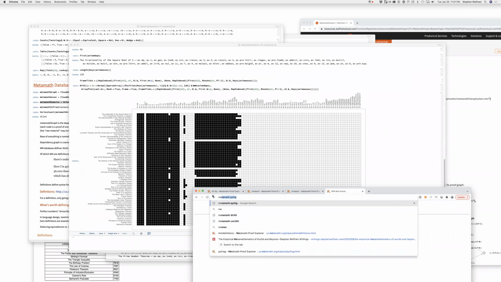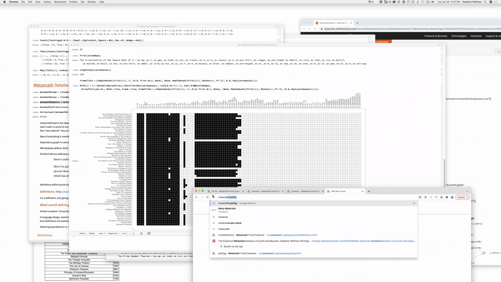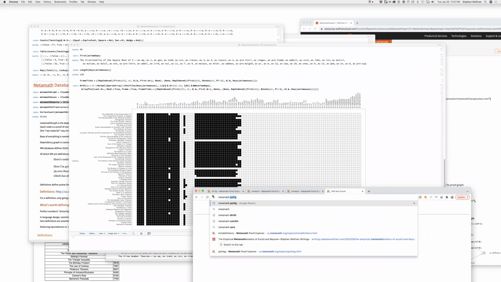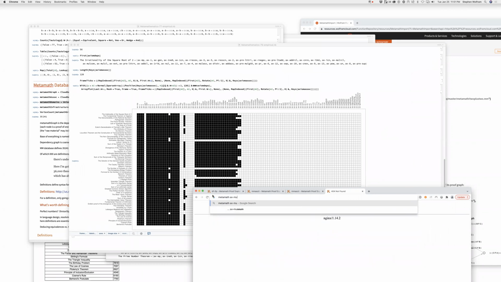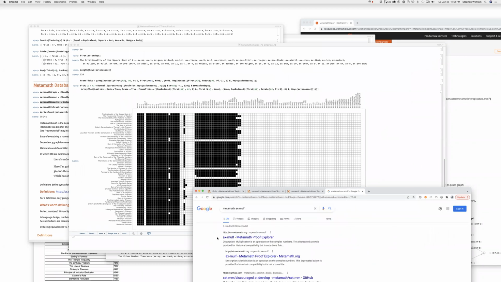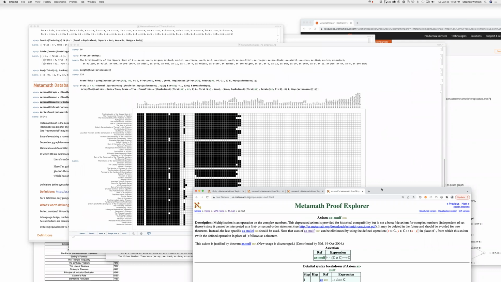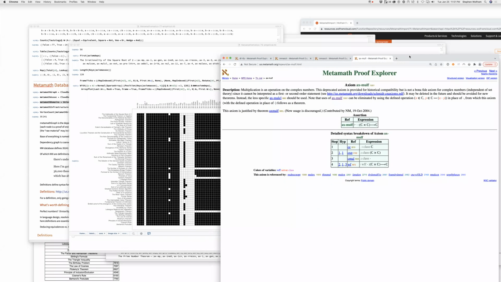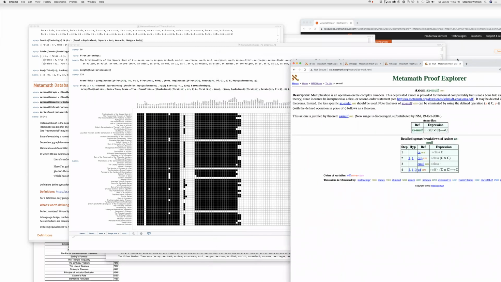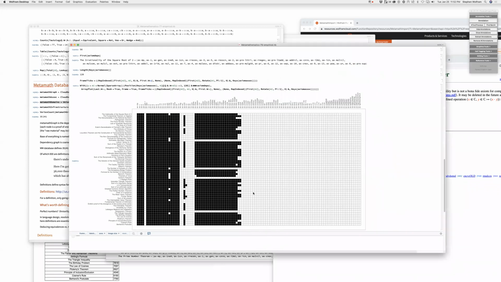Multiplication of complex numbers. That's mul F? Yeah. This deprecated axiom. Okay, what's this axiom here?